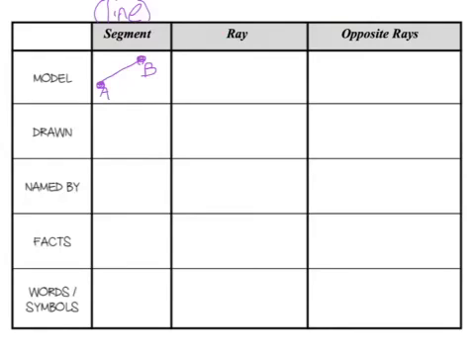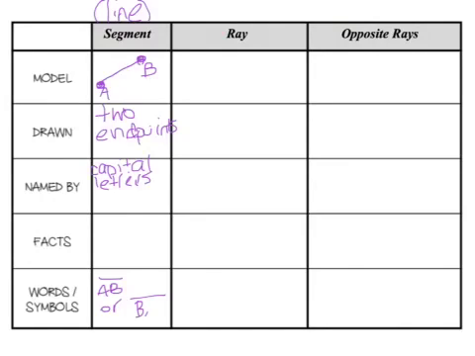It's important to note that it's drawn with two endpoints and that it's named by the capital letters, which can be forwards or backwards, meaning they can be AB or BA.